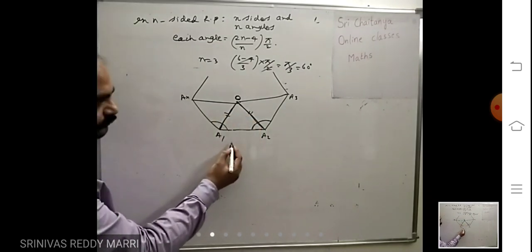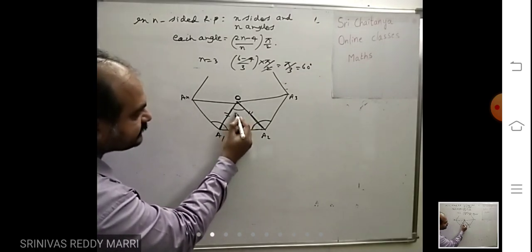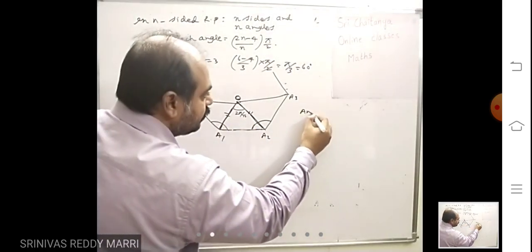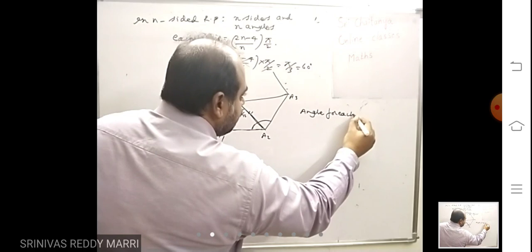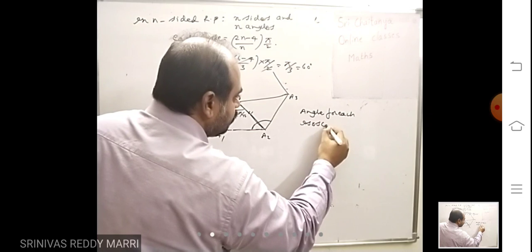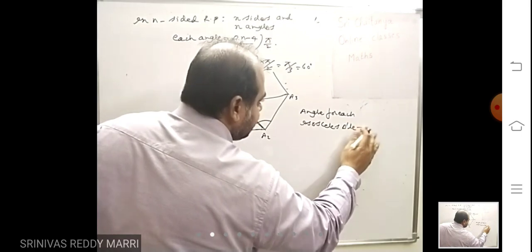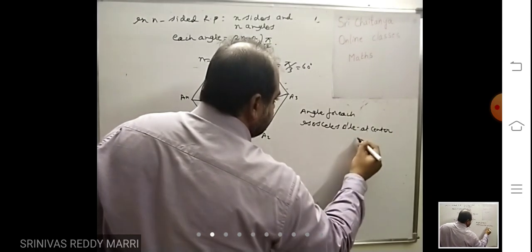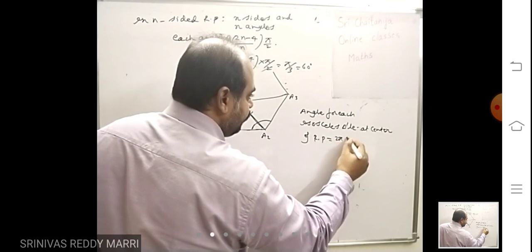Now look at here. The point to remember is that the angle at the center for each isosceles triangle of a regular polygon is 2 pi by n.